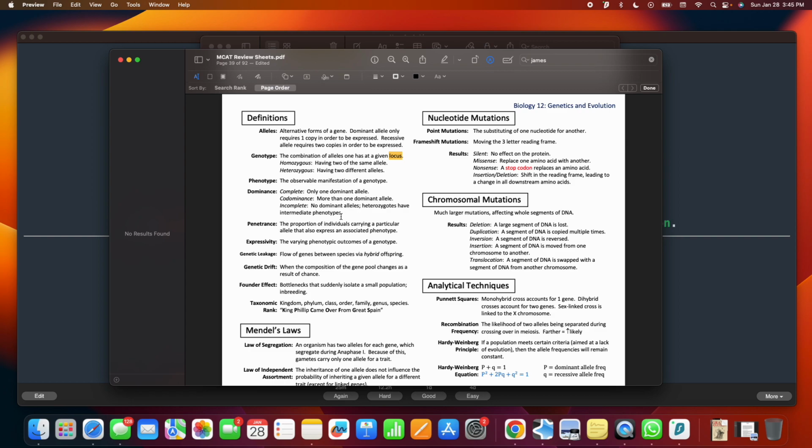So what does that mean? If no dominant alleles, then it's two recessive alleles, for example, or three recessive alleles, and you call this incomplete dominance. And the heterozygotes have intermediate phenotypes, whatever that means. We'll figure that out.